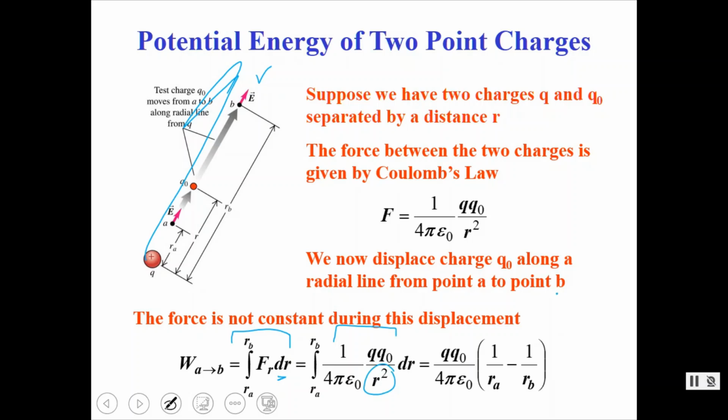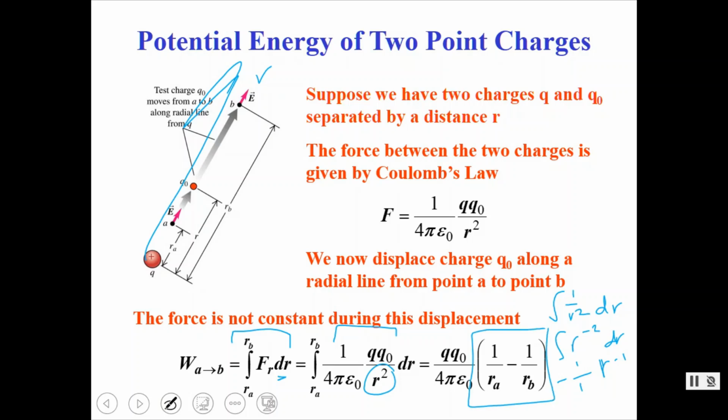So when you take the integral of 1 over r squared dr, that's the same as r to the negative 2. When you increase the power, you're going to multiply by negative 1 over 1, and you're going to get r to the negative 1. So that's what they're showing here.